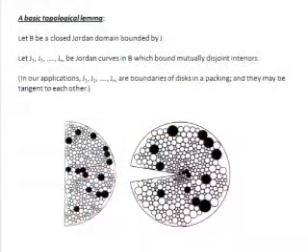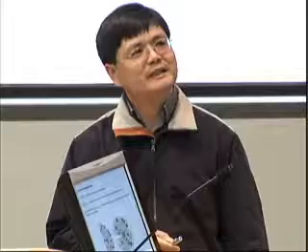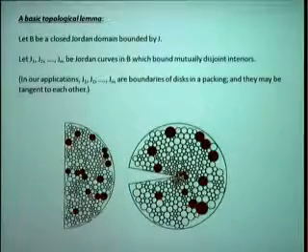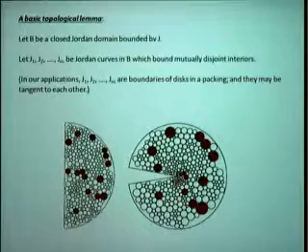Okay, and here's a basic topological lemma. Actually, that's implied in Ken's talk. This is basically in any complex analysis textbook. So we have a bigger curve J, and this is a closed Jordan domain bounded by the bigger curve J. And we have J1, J2, up to Jn, Jordan curves inside the domain, which bound mutually disjoint interiors.